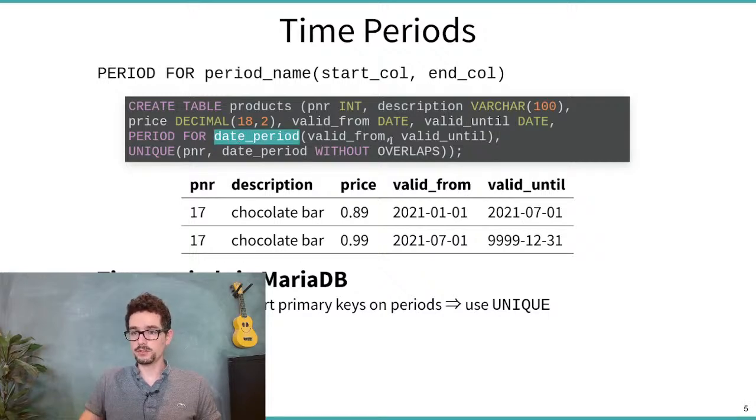The SQL standard now allows primary keys including the period. So typically it would be useful to say the primary key consists of PNR and the date period.